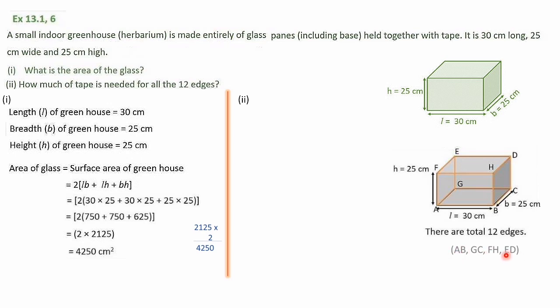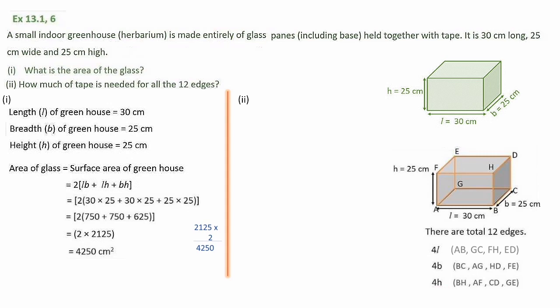That means all these 4 lengths are equal to 30, that is L, so 4L. Next, BC, AG, HD and EF are equal to the breadth B, so that means 4B. Next, BH, AF, CD and GE, these 4 are equal to H, that is 4 into H.